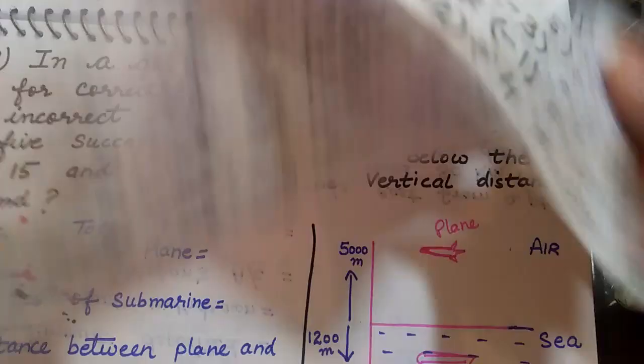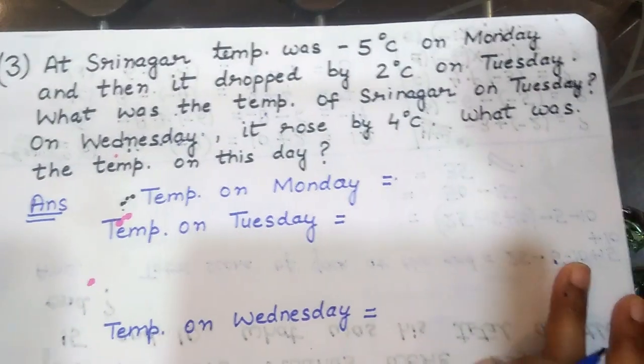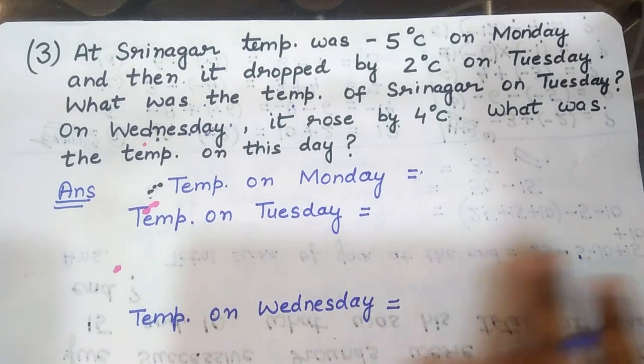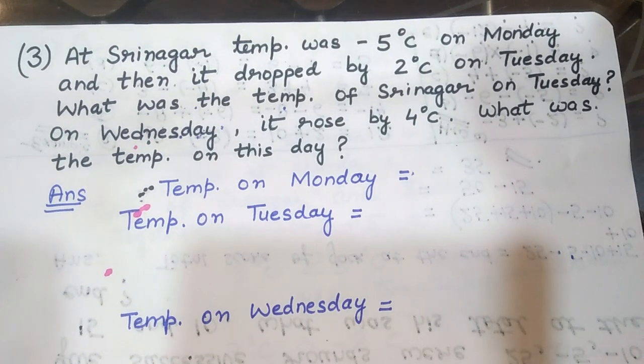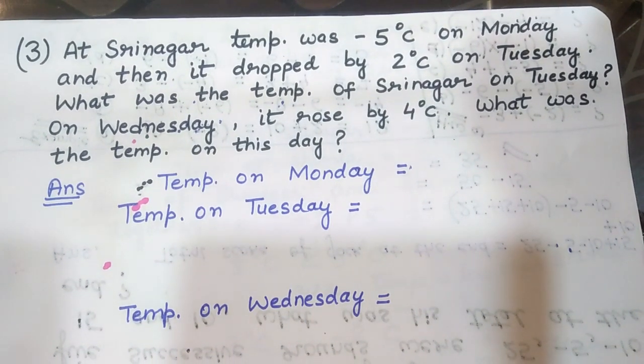Okay, so moving towards the next question. It is question number 3 of your exercise 1.1. The question is: at Srinagar, the temperature was minus 5 degrees Celsius on Monday. Then it dropped by 2 degrees Celsius on Tuesday.